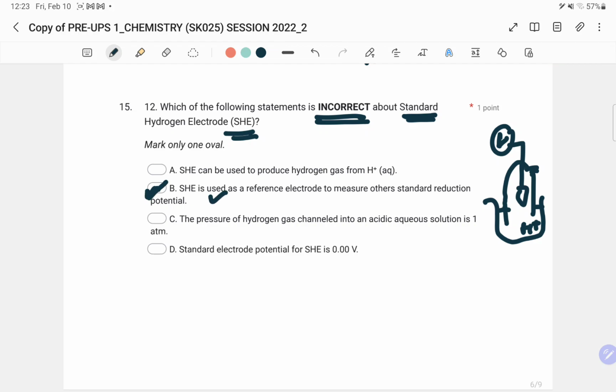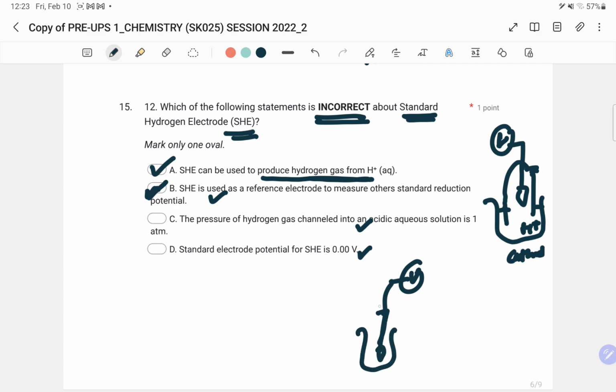Yang ni betul. The pressure of hydrogen is 1 atm, SHE 0. Oh, ni lah answer dia. Is incorrect. Dia tak semestinya untuk produce hydrogen gas. Kalau dia dekat cathode, yes, dia akan produce hydrogen gas. Kalau SHE tu dekat anode, dia tak akan jadi hydrogen gas. Dia akan oxidize kan. So dia oxidize.